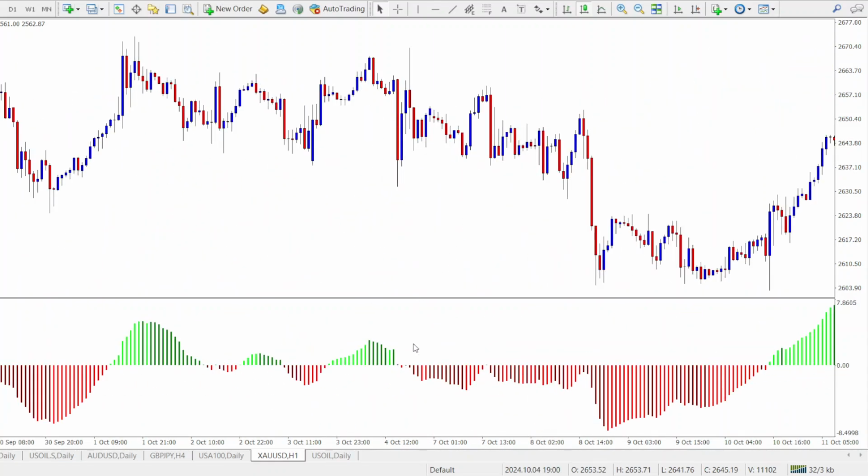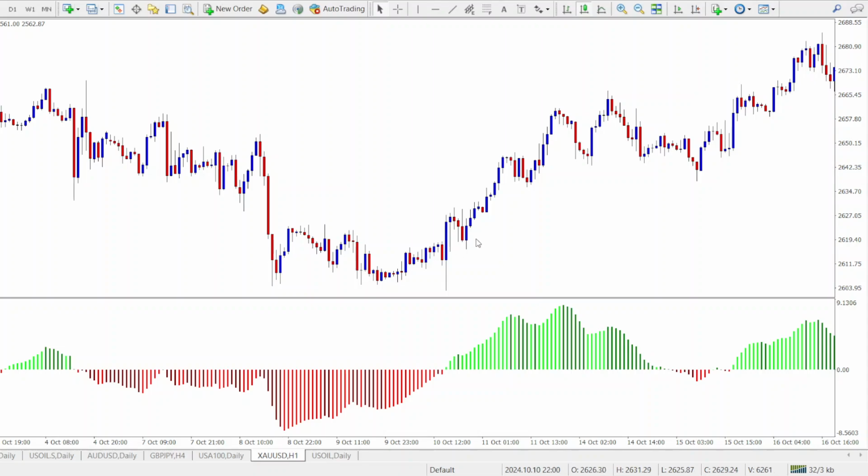When the histogram bars flip from the positive level to the negative level, it's a sell signal. And when you enter a sell, you can set your stop loss above the swing high, and your take profit can be at the nearest support zone, or you can wait for the MACD 4C indicator to flip back to the buy level, above zero, and then you exit your sell trade.